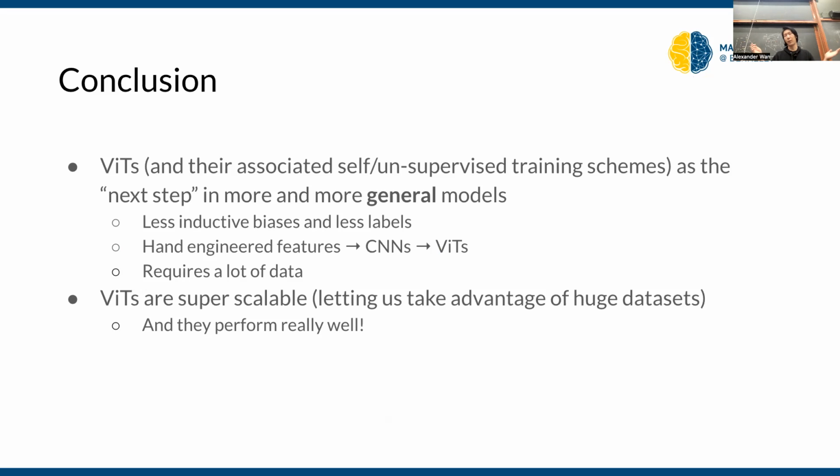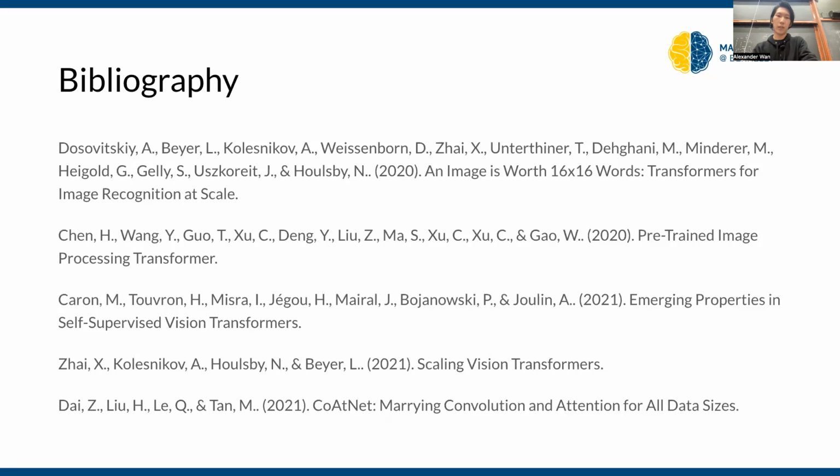They also require a lot of data, as transformers tend to do. ViTs are also really scalable because transformers work well with our compute hardware, so they perform really well. We can scale them really easily with our hardware, and we can also scale them during training time really easily. I think that's it.